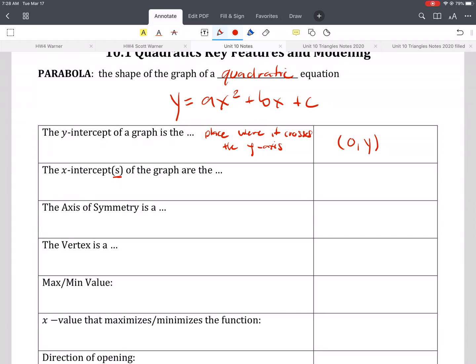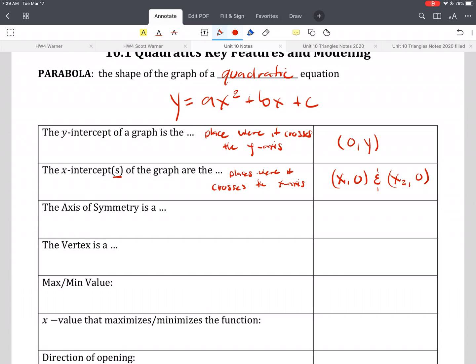So the x-intercepts of the graph are the places where it crosses the x-axis. Usually there's two, so something like x1, comma 0, and that could be our first one, and x2, comma 0.